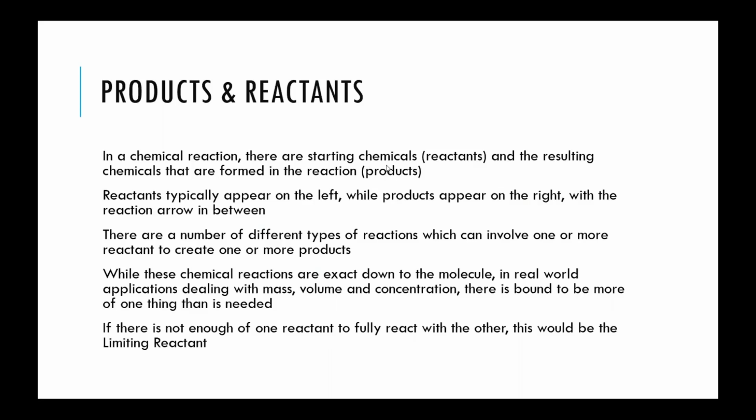Most times in chemical reactions, the reactants appear on the left and the products appear on the right with an arrow in between pointing in the direction, going from reactants to the products.